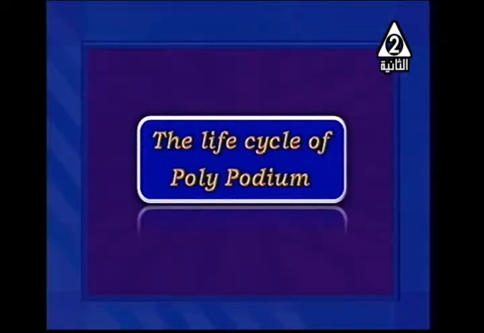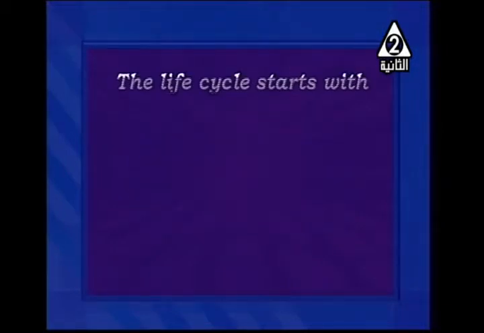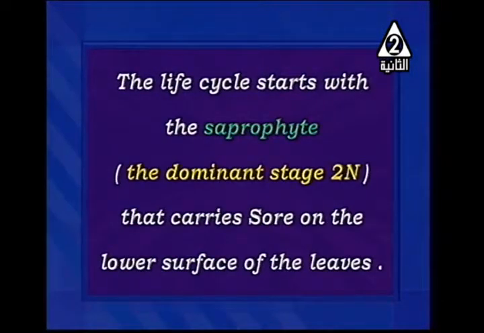Let's discuss number one, the life cycle of Polypodium. The life cycle starts with one of the phases, which is called the sporophyte. It's the dominant stage. Dominant stage means it is the somatic, main part of the plant, which is called the sporophyte. It carries a group of sori, a sorus in the singular, on the lower surface of the leaves.